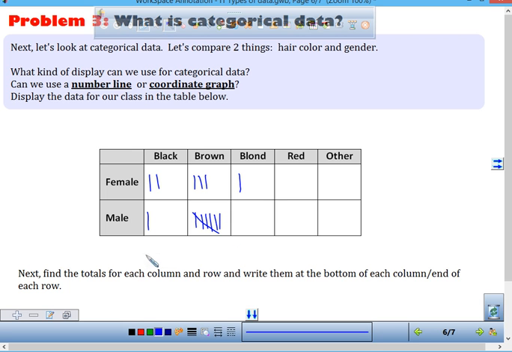I'm running out of room there in that one. Brooklyn? Alex? Blonde? Dylan? Blonde? Jack? Hannah? And Marshall?